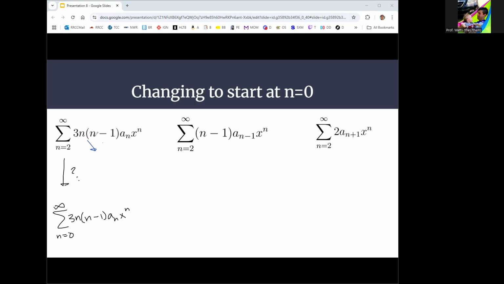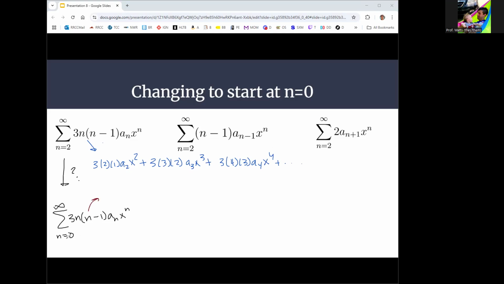All right, so from the original summation, we would start at n equals 2, and we would have 3 times 2 times 1, a2 x squared. And then do n equals 3, 3 times 3 times 2, a3 x cubed. And we'll do one more, 3 times 4 times 3, a4 x to the fourth. And then we're going to look at the bottom sum.